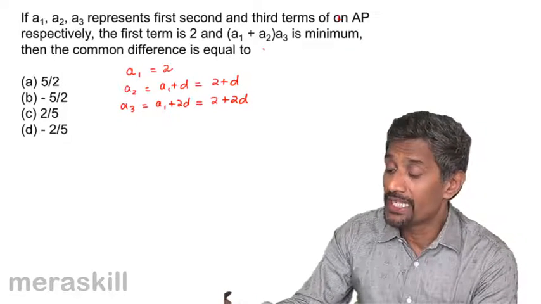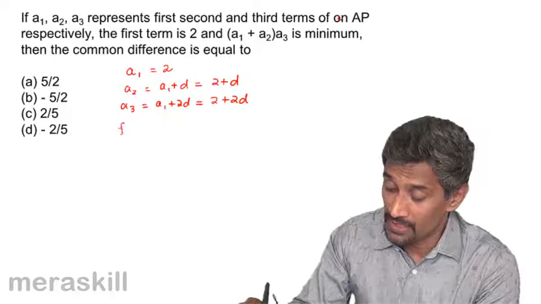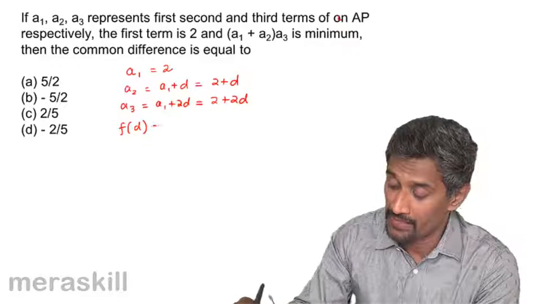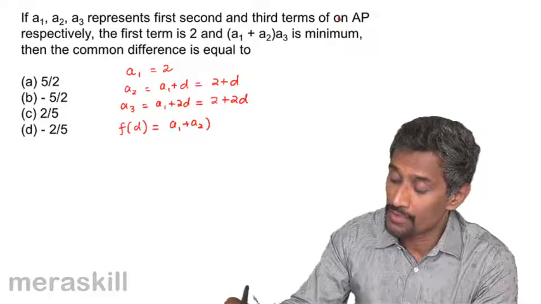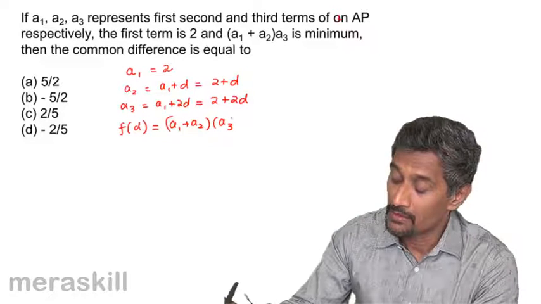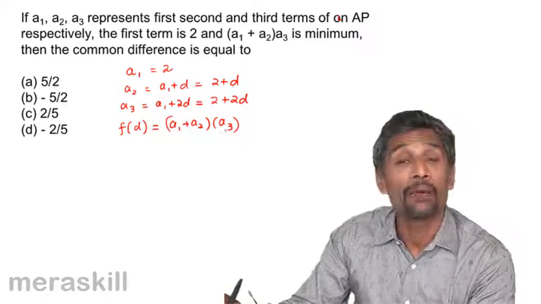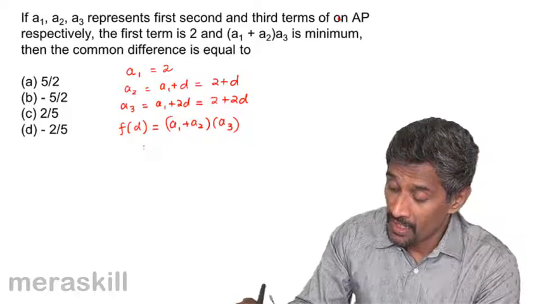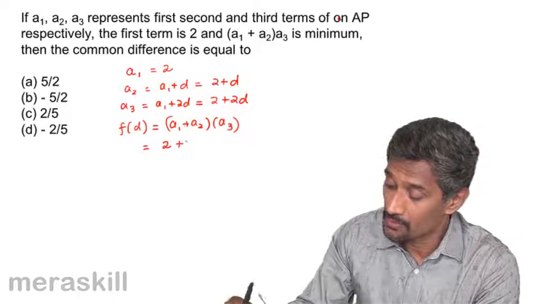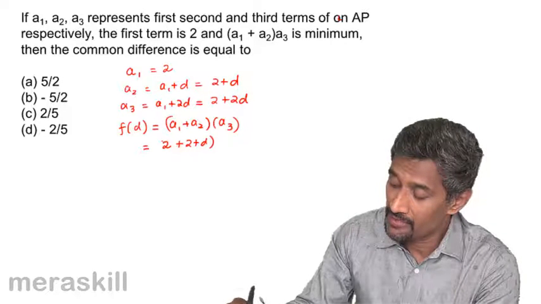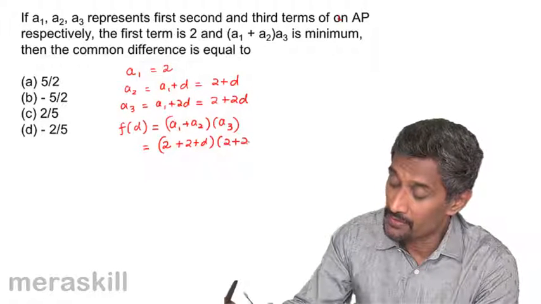So A1 and A3. So we are going to create a function in terms of D. It's told that f of D, that is a function (A1 plus A2) into A3, has to attain minimum value. Now A1 in this case is 2, A2 is 2 plus D, A3 is 2 plus 2D.